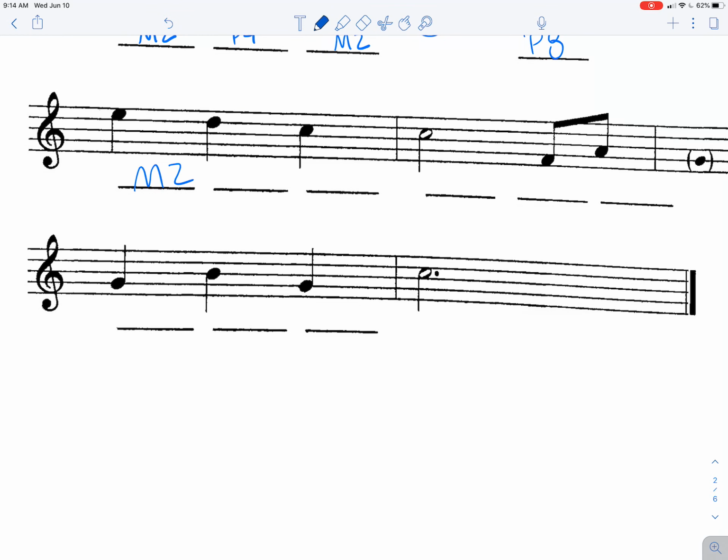D to C, another major second. C to C, which is a perfect unison. You can also write it as perfect one, perfect unison.